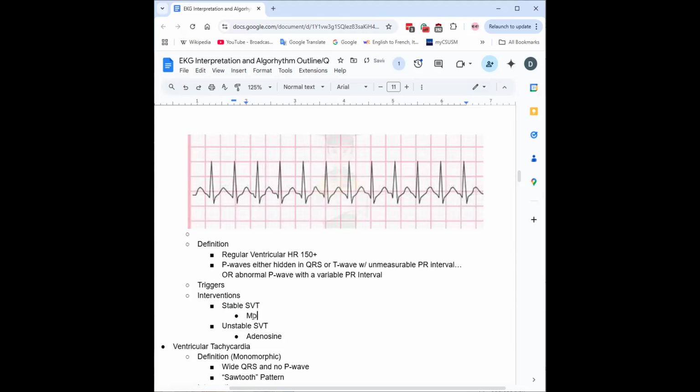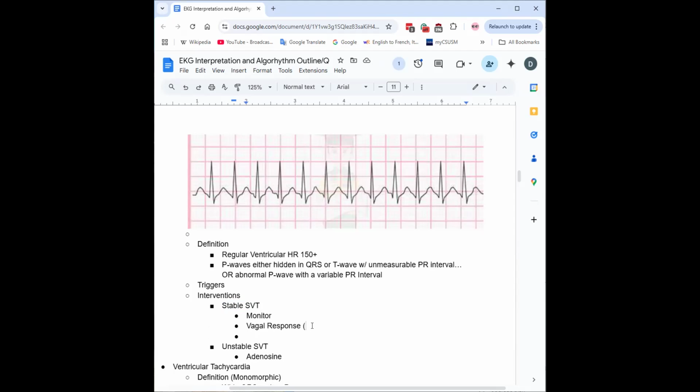Yeah, I like the idea of monitoring and using the vagal response. What would be some examples of what you would tell the person for the vagal response? Transcutaneous pacing with that one. Transcutaneous pacing for SVT, that's what he says.